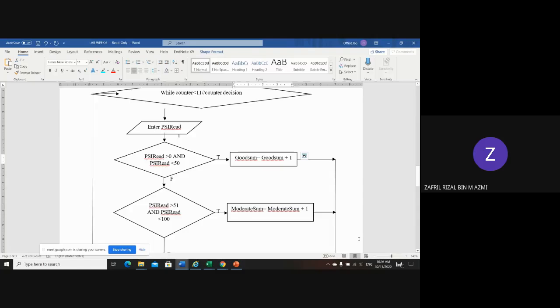Refer back to your friend's answer. Let's say the input is 49. Over here it is true, right? So it will calculate this one. The first calculation is going to be 0 plus 1.